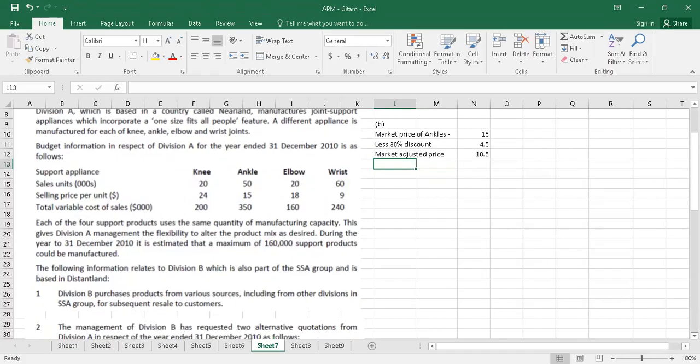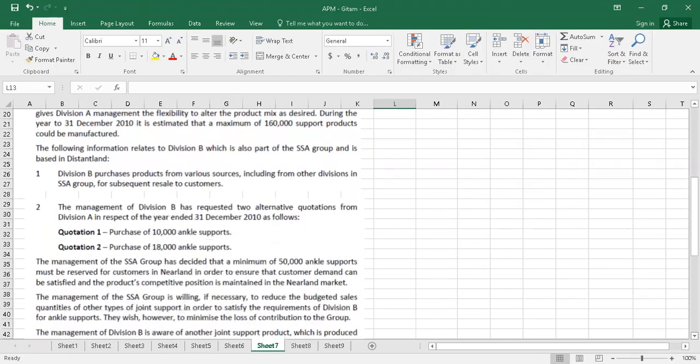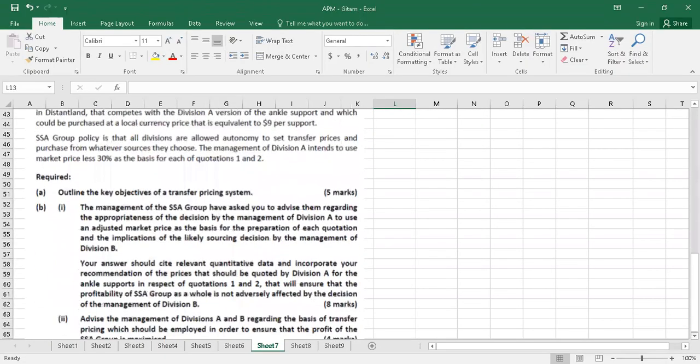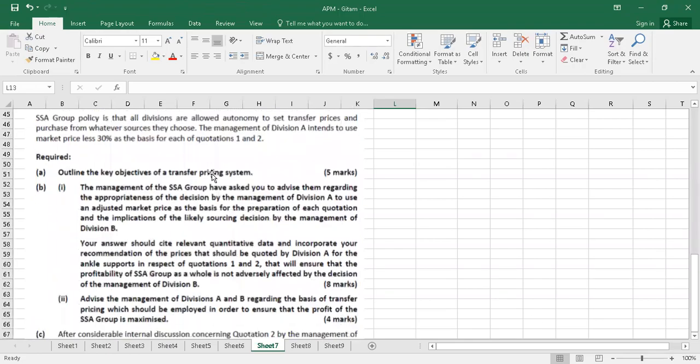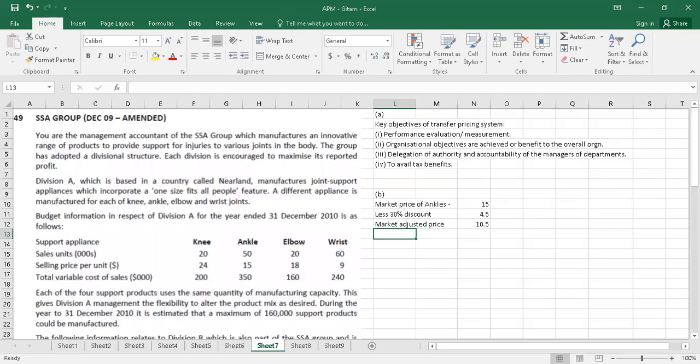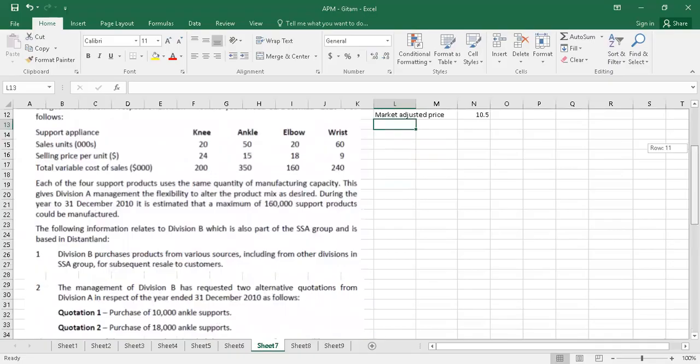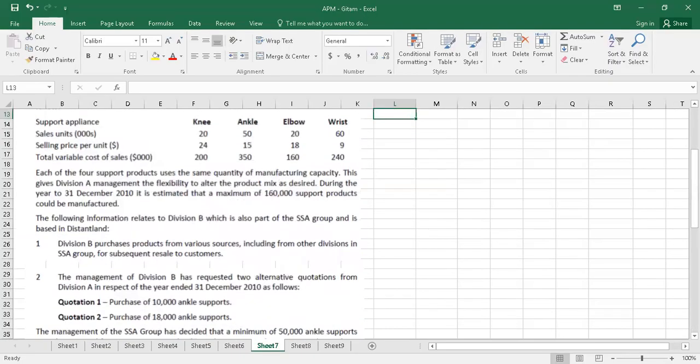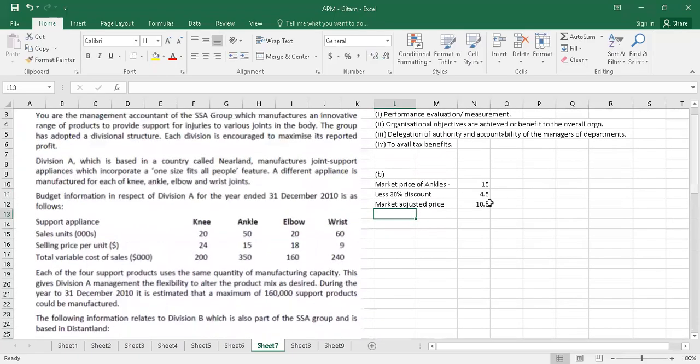Now the question is asking whether it is okay if they use the market adjusted price. You have been asked to advise regarding the appropriateness of the decision to use an adjusted market price as the basis for the preparation of each quotation. What's the first quotation? The first quotation has 10,000 units. Right now the total available capacity, let's put this one here.